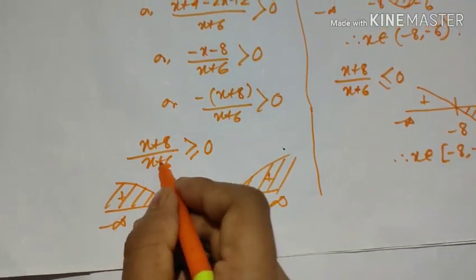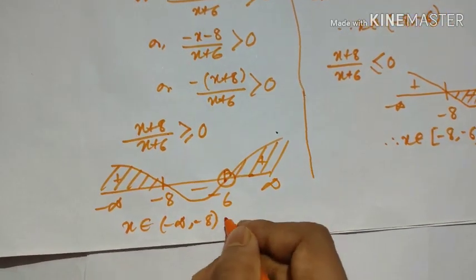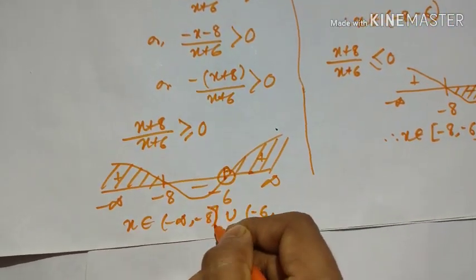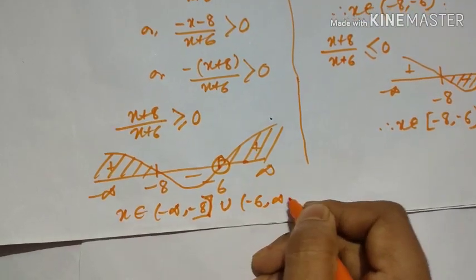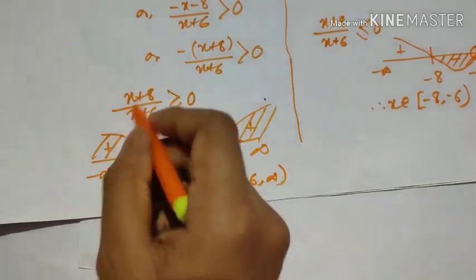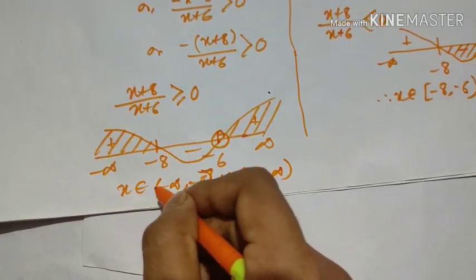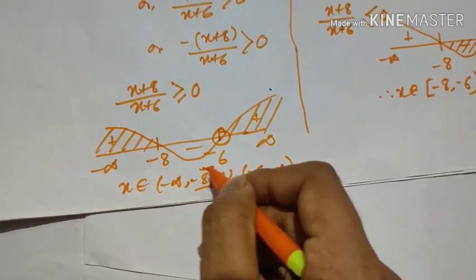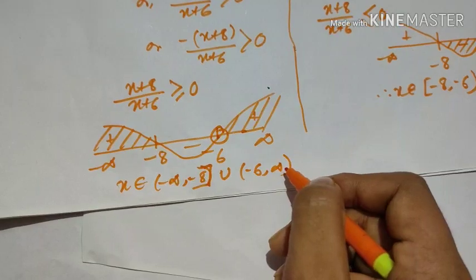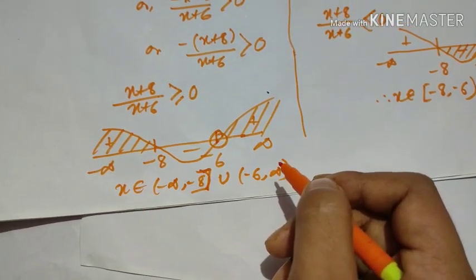But similarly, the denominator can never be 0, so -6 is not included. So -6 to infinity. Here I have made a mistake. -8 is included as the function is greater than or equal to. So the resultant answer is x belongs to minus infinity to -8 closed interval union -6 to infinity open interval. This is the way the problem is solved.